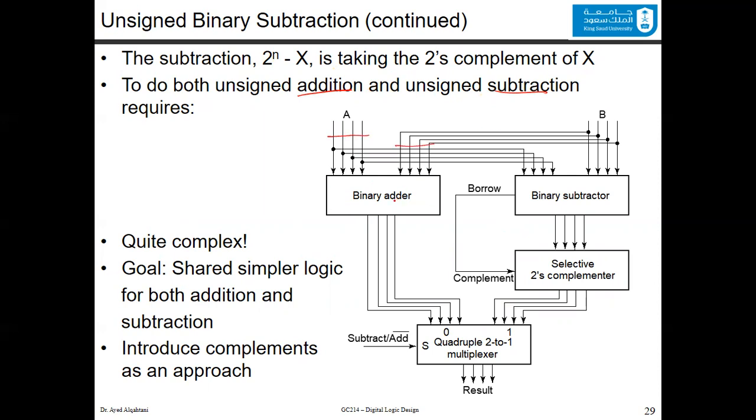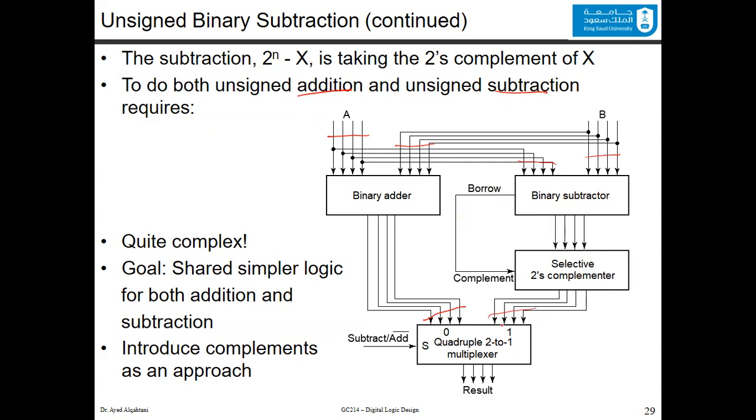You could have the ripple adder or the carry look ahead adder in this box, and you generate a 4-bit result. For the subtraction, you would have a binary subtractor between the A and B. Now, you might have the correction step based on whether you have an end borrow or not. If you have an end borrow, then you need to do the 2's complement. If not, then you just pass it the same.